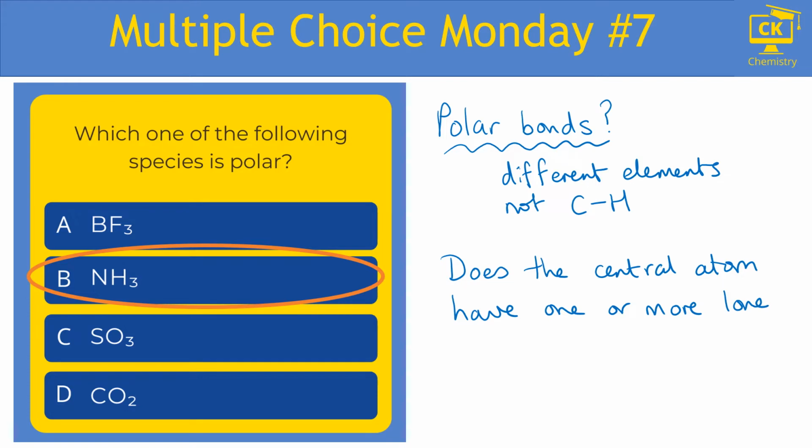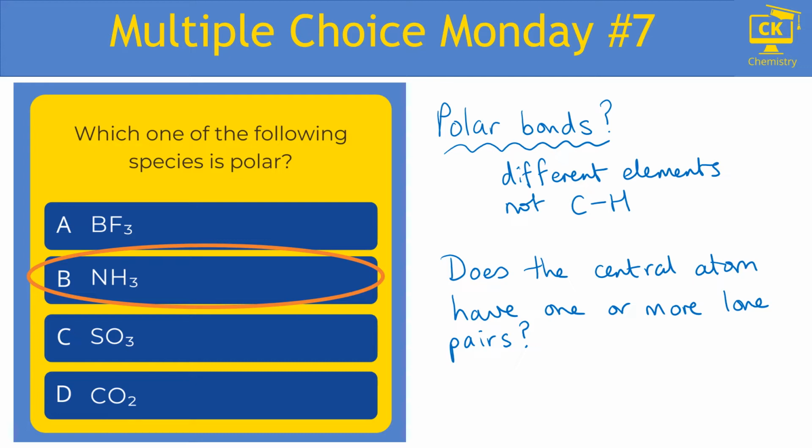Because bonds are made up of electrons that are being shared, and lone pairs are pairs of electrons too. The shape of the molecule comes from those pairs of electrons spreading out as far apart as possible. So if there are no lone pairs, the polar bonds will be spread symmetrically, because they'll get as far apart as they possibly can, and they'll be spread asymmetrically if there are lone pairs.